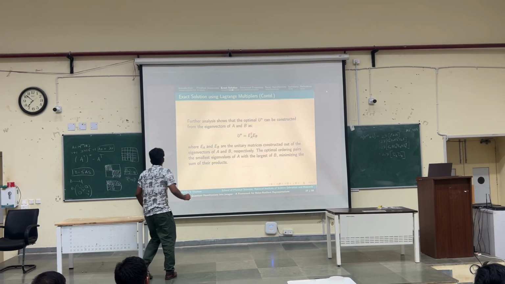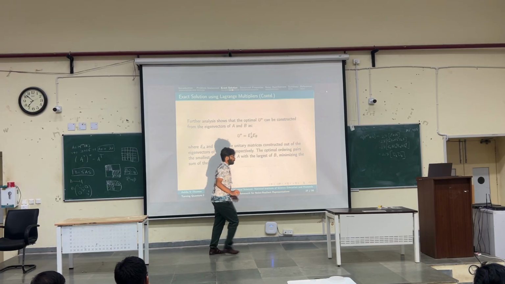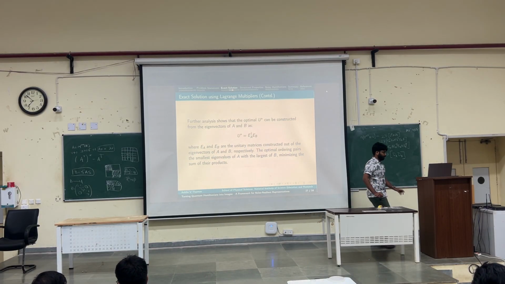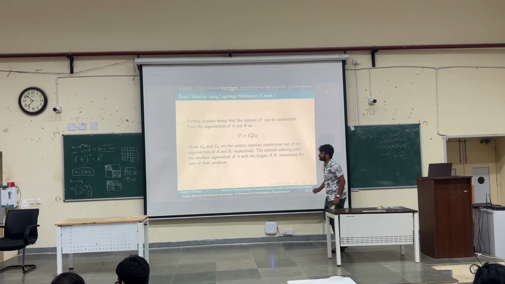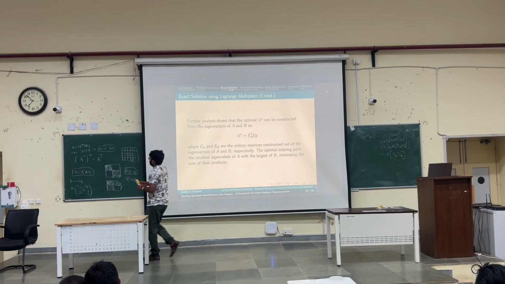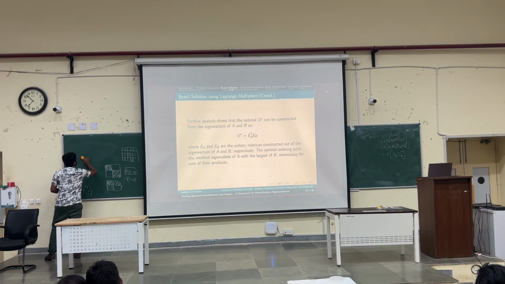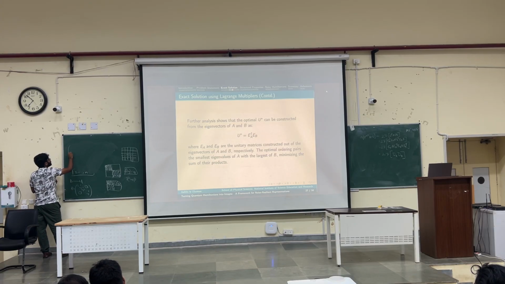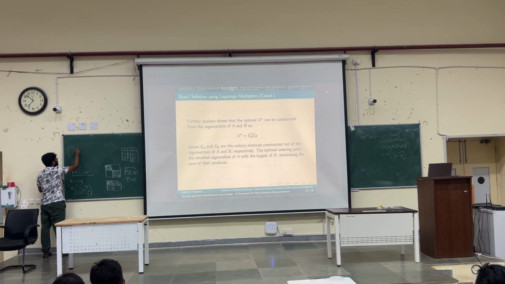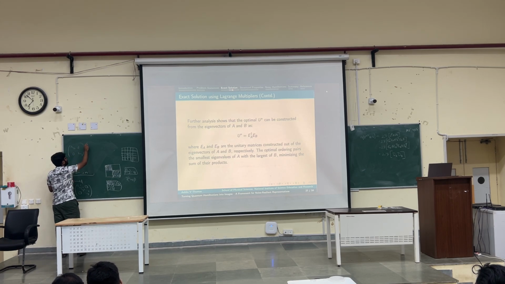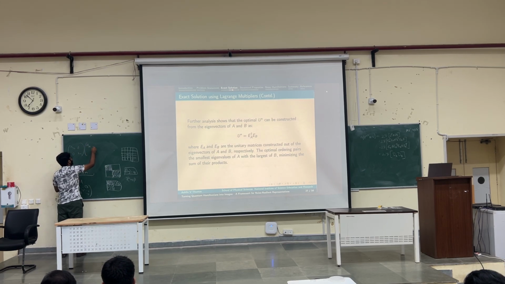So if you have two matrices, lambda 1, lambda 2, up to lambda n, which is diagonal, and another diagonal matrix mu1, mu2, up to mu n.